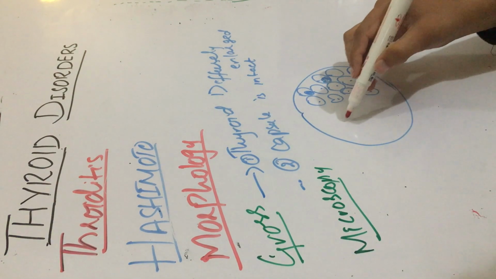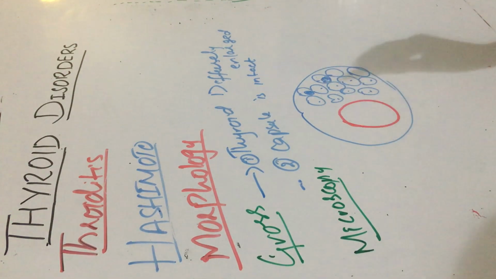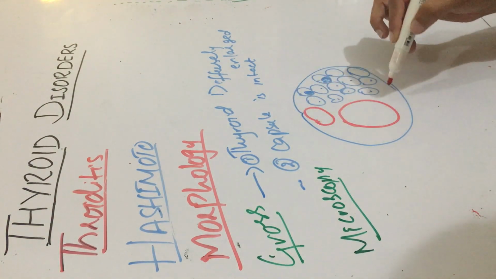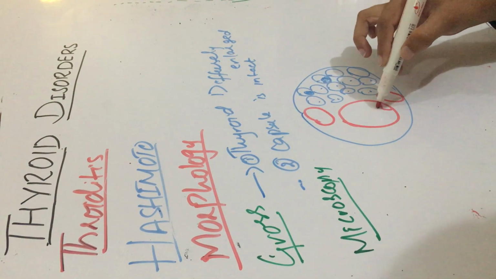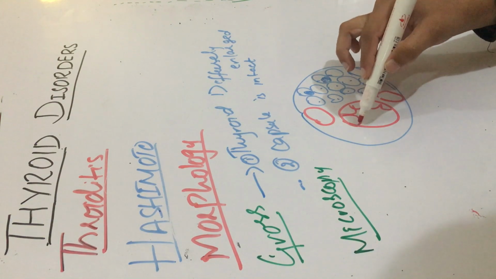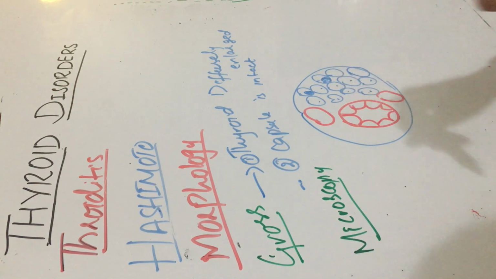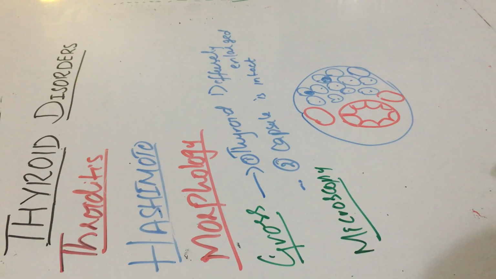And the thyroid follicles would become atrophic. Most of the thyroid follicles would become atrophic, and the lining follicular cells would undergo metaplasia. Normally the thyroid follicle cells are lined by low cuboidal epithelium.